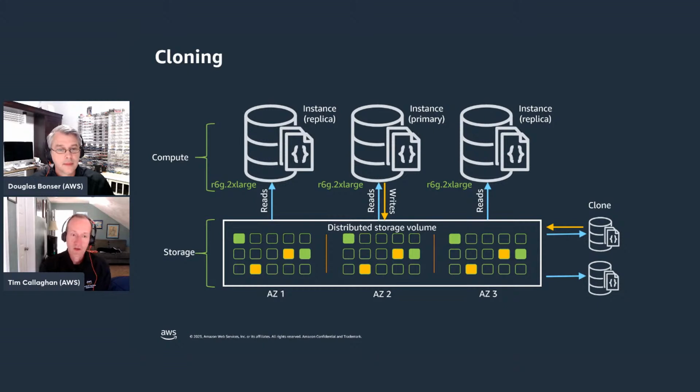And then some customers, I've done this in the past, write custom scripts to try to make a Mongo dump, Mongo restore type process faster, more concurrent than it would be otherwise. What cloning does is, again, a really cool feature. It's going to create a new DocumentDB cluster based on an existing running DocumentDB cluster, as of now.